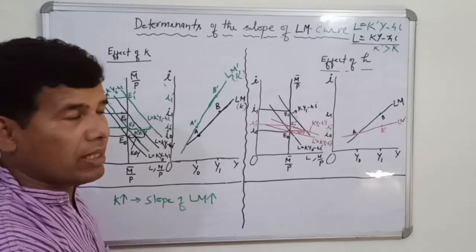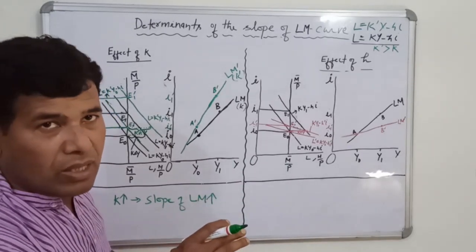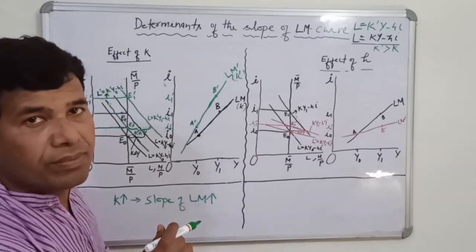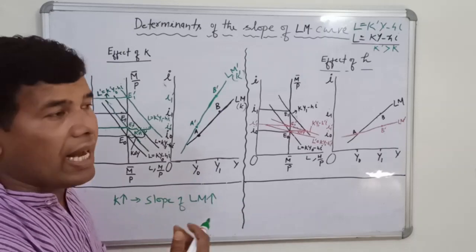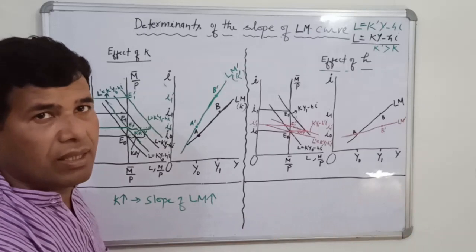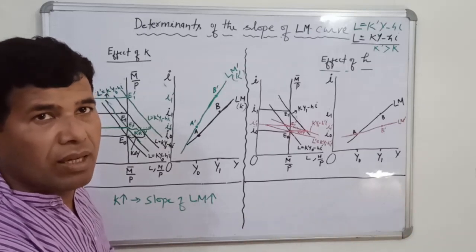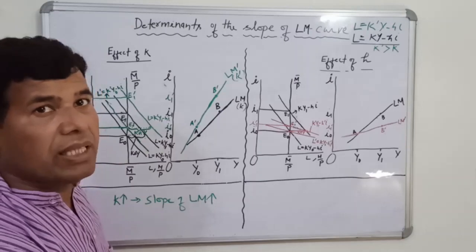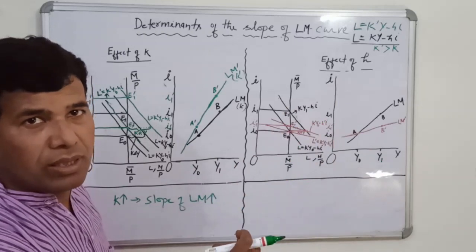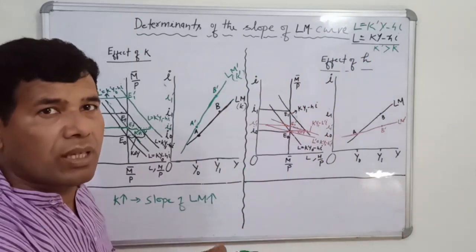What is the logic? The logic is the following: when K is higher, and the government increases expenditure, G rises, and through that income rises. But when income rises, with K higher, money demand rises more. And when money demand rises more, given money supply, the rate of interest also rises more.